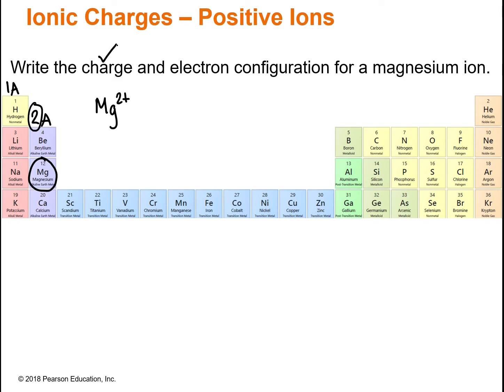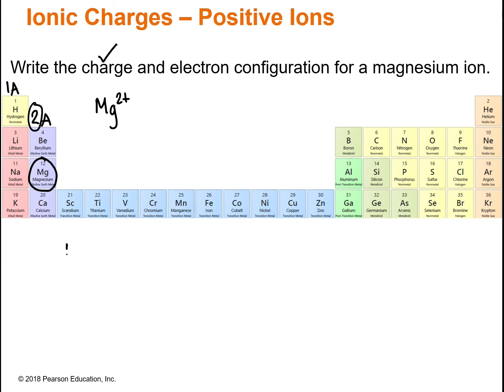Writing the electron configuration, though, let's do that. We're going to do the full configuration, and then we'll do the noble gas configuration. I want to do this to demonstrate a point. Then from here on out, we're just going to do the noble gas.